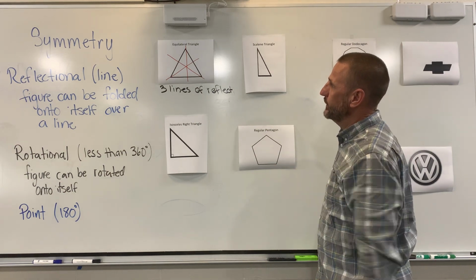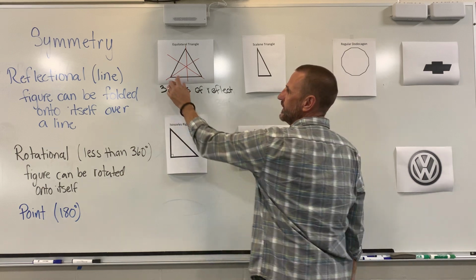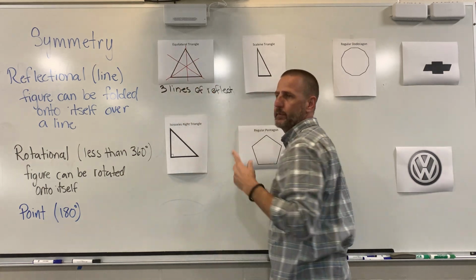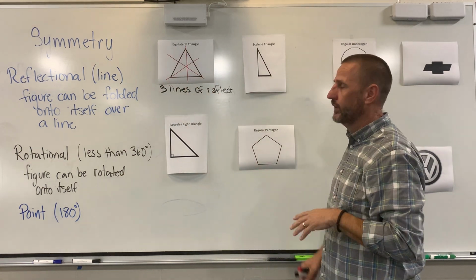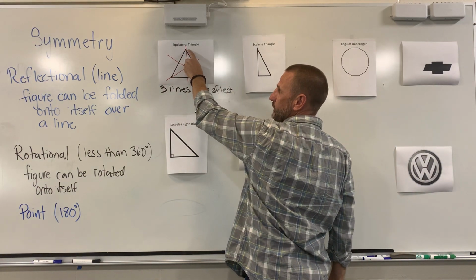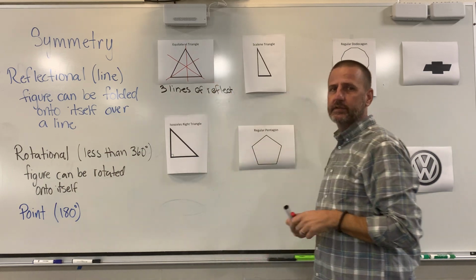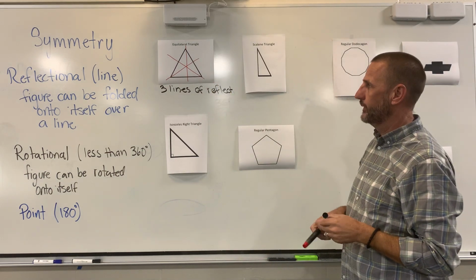So in this case, because it's an equilateral and we know that every angle is the same, that means that each of these points is at the same angle. Therefore, I can rotate this, and if I take this and bring it around, it'll land right here, and it'll be right on top of itself. And so that's called rotational symmetry.